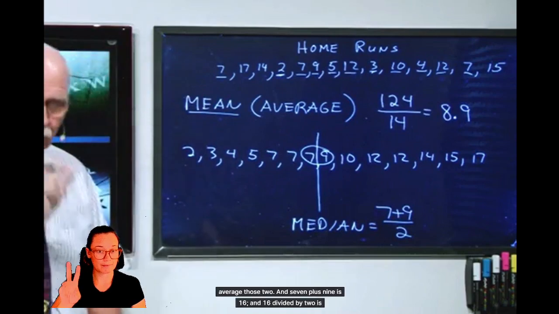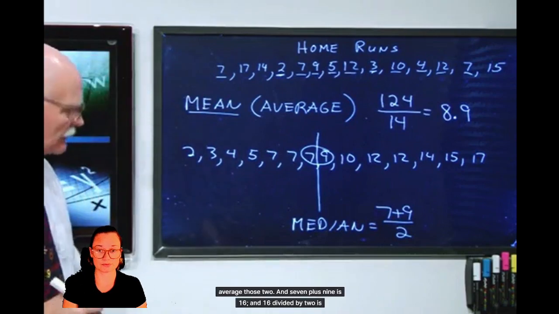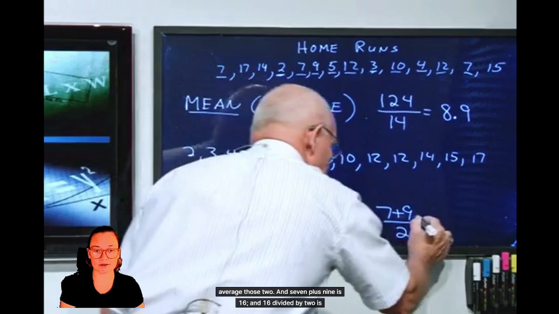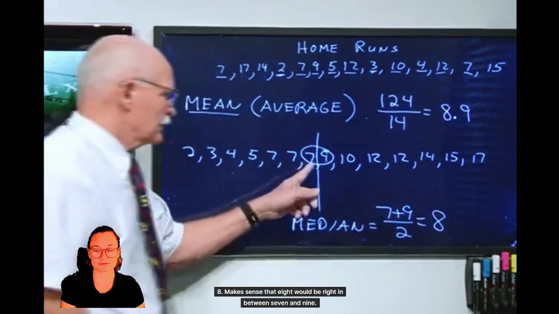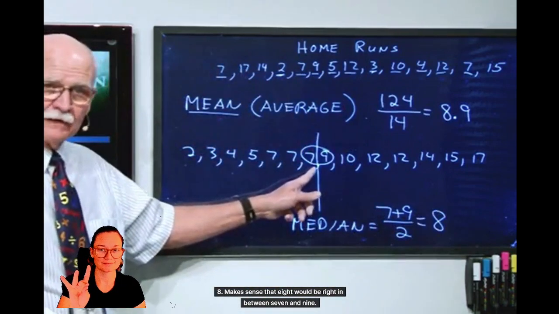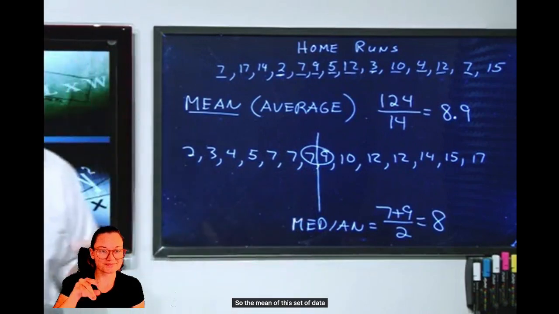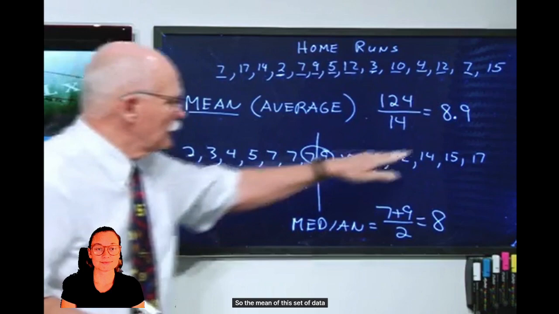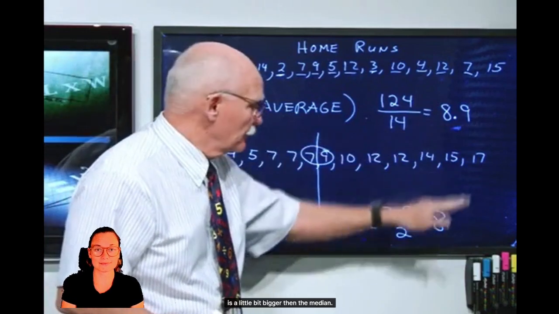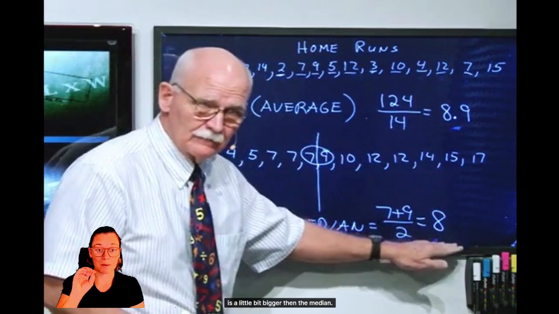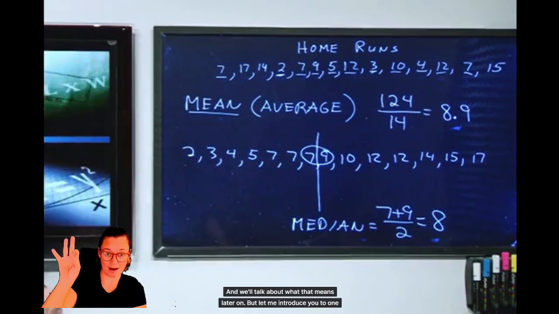You just average those 2. And 7 plus 9 is 16, and 16 divided by 2 is 8. Makes sense that 8 would be right in between 7 and 9. So the mean of this set of data is a little bit bigger than the median. And we'll talk about what that means later on.